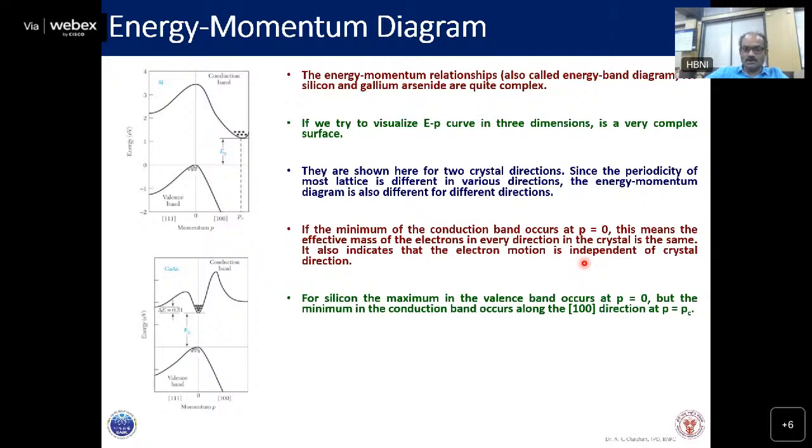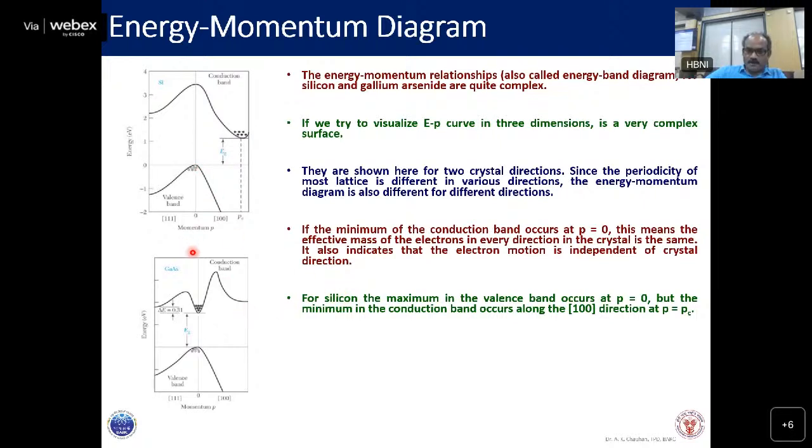If you want to see the same thing in silicon, the energy momentum diagram of silicon, here you will see that for the conduction band, the minimum is not actually at P equal to 0, but at a certain value, which is P equal to Pc. However, the valence band maximum is at P equal to 0.